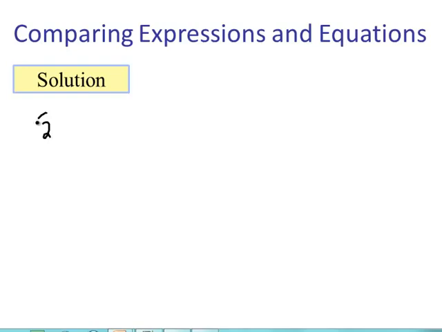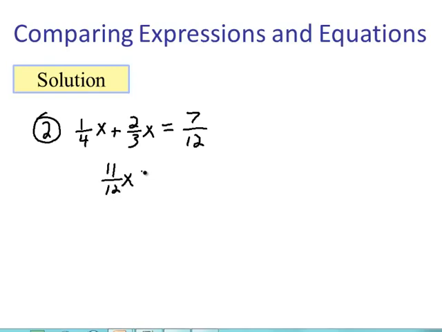So number 2, we have the equation 1/4 x plus 2/3 x equals 7/12. We could do like we did with the expression, add these two fractions up, and then we would get 11/12 x equals 7/12.